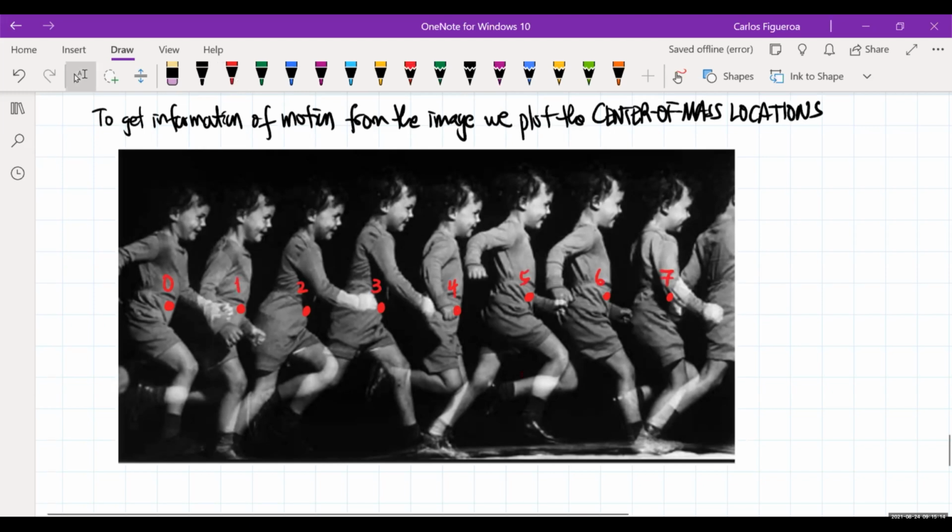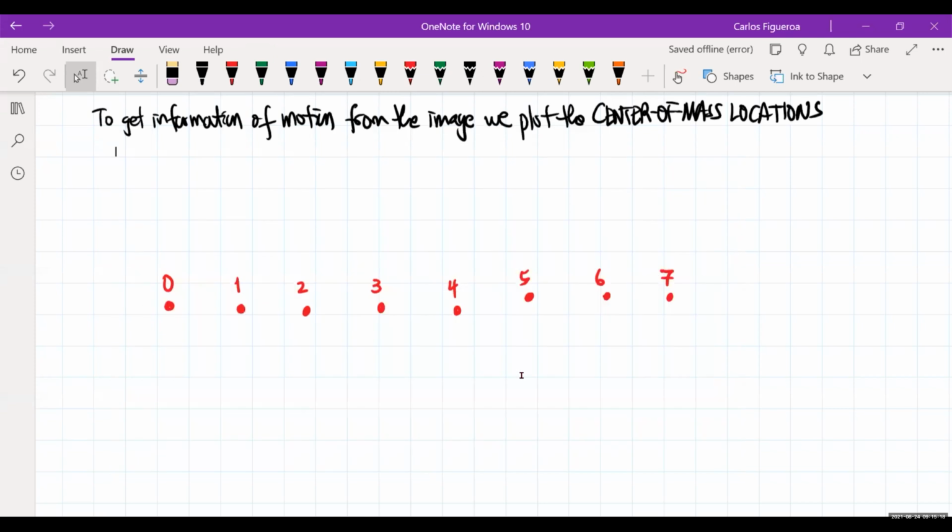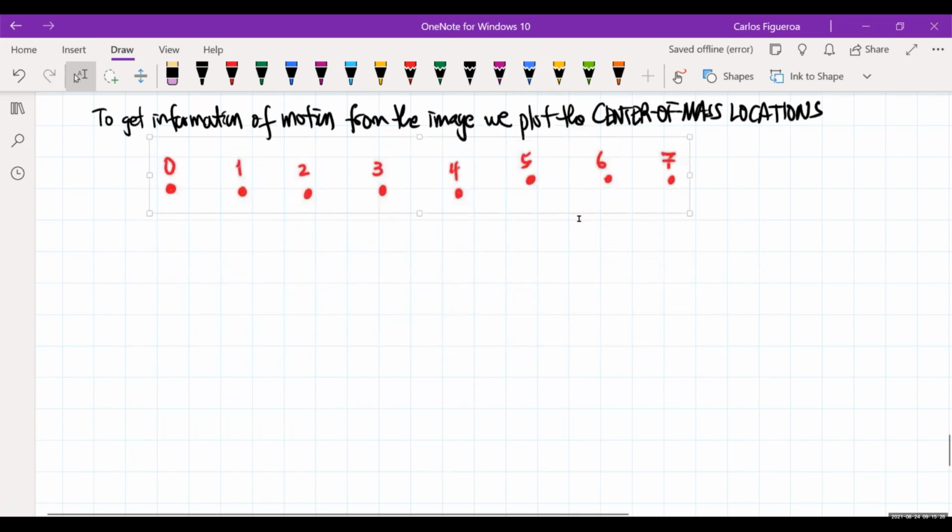So now I'm going to delete this image, and those dots represent the history. So now I'm going to move it up here. Now, because I have this, look what I find here. If I look at the dots, let me try to move the dots onto a line here.